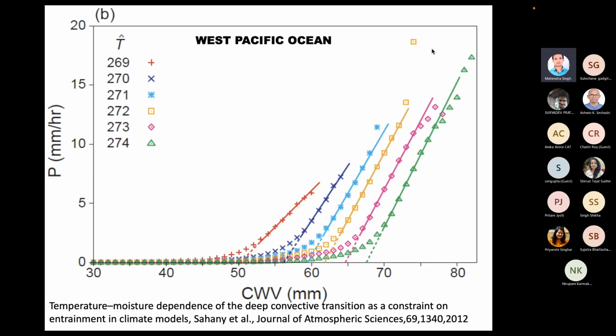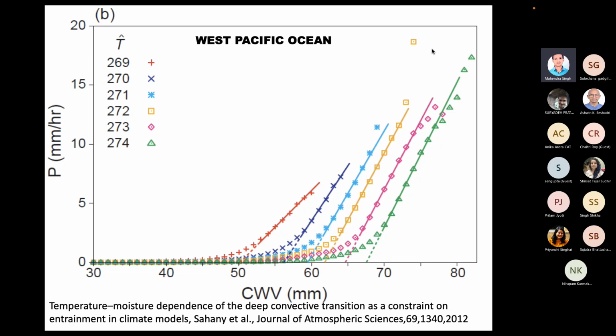It shows clearly that for a given water vapor, you may get no rain even at 60 kg per meter square if the temperature of the column is 274 Kelvin. Sorry, the column is only about 1 degree above 0 degree centigrade.